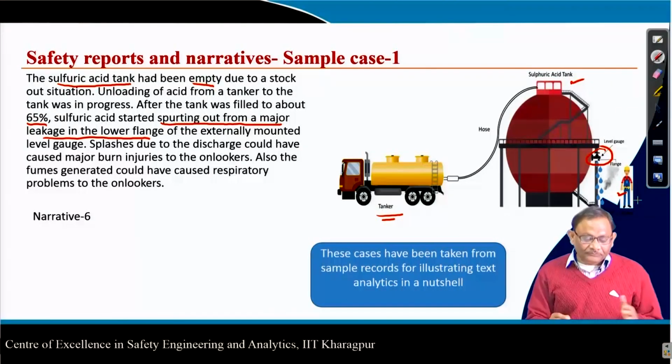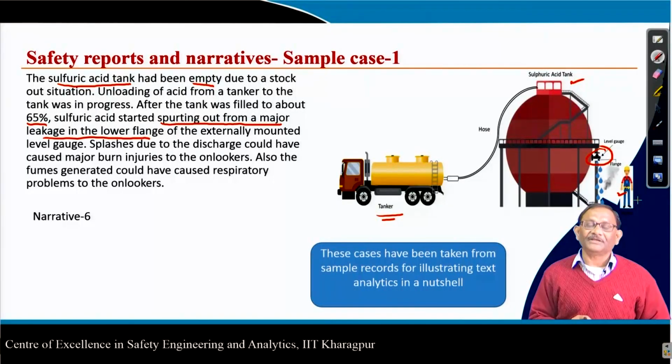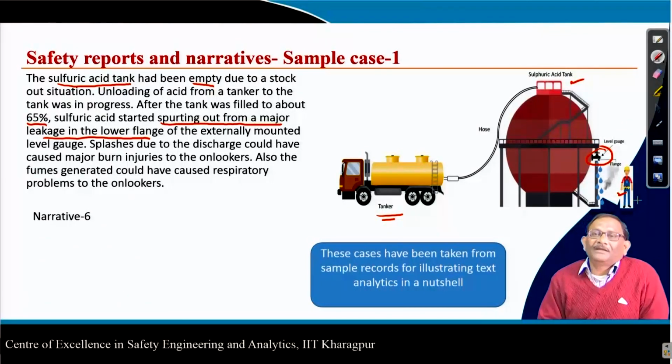And now, how to extract knowledge from these narratives, for the purpose that we want to understand the incident path or hazard triangle, or we want to find out some of the major initiating events, and also what risk control system fails. Those many issues we have discussed in previous classes, where we said that you have to prevent the accident using the risk control system, you have to know the accident paths, and so many things.